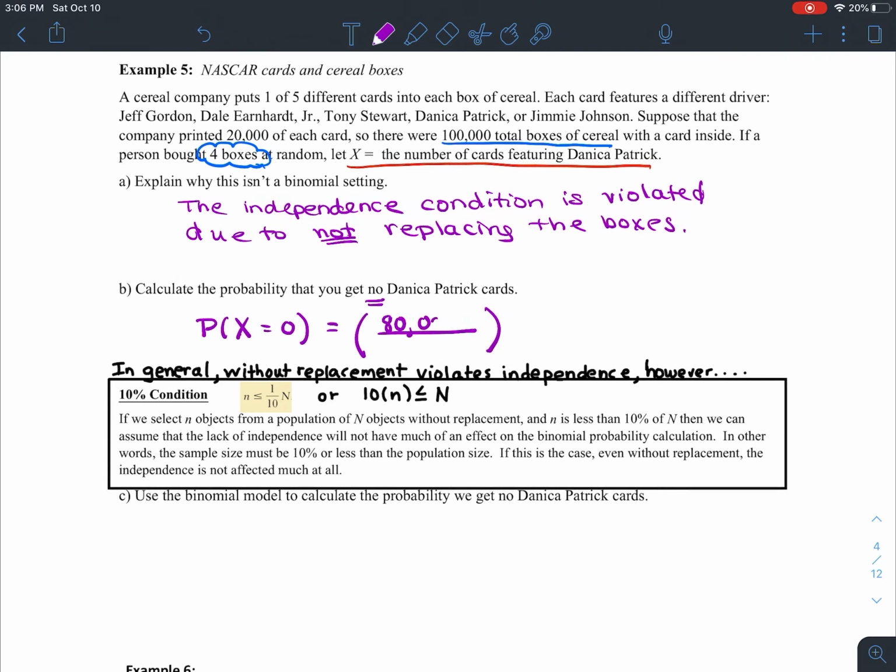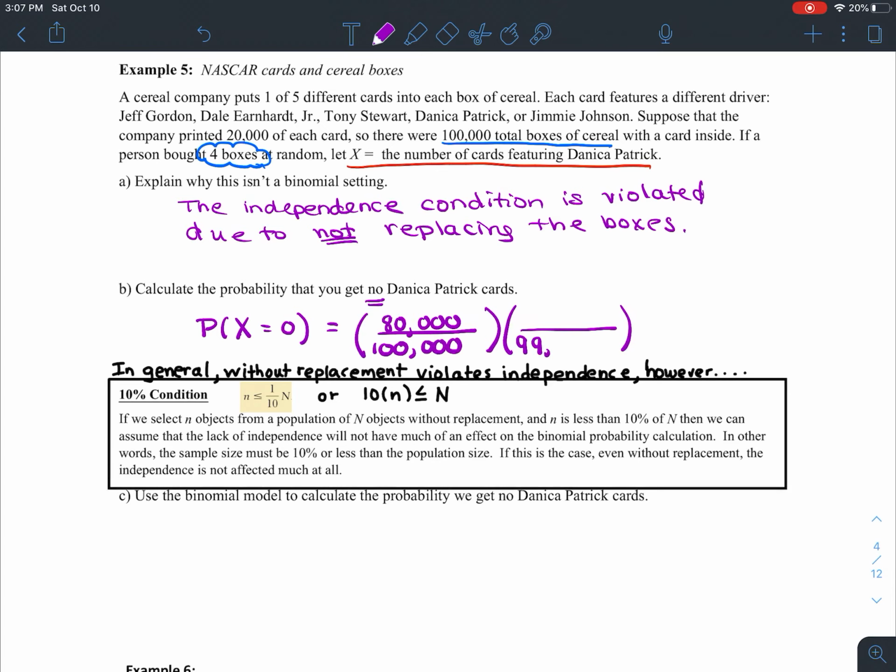When I choose the first box, if I'm talking about not getting any Danica Patrick cards, keep in mind they printed 20,000 of each driver's card. So if the first box I purchase is not a Danica Patrick card, that's 80,000 of the 100,000 boxes. That's the odds of that first box not having a Danica Patrick card in it.